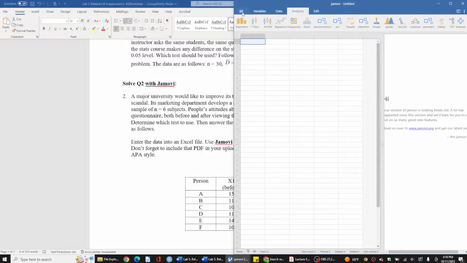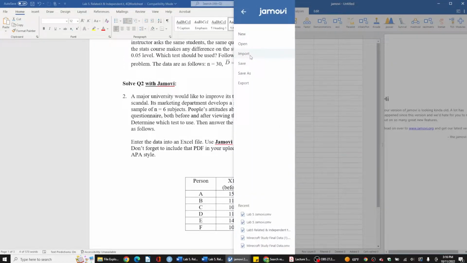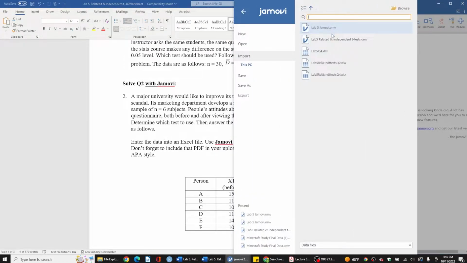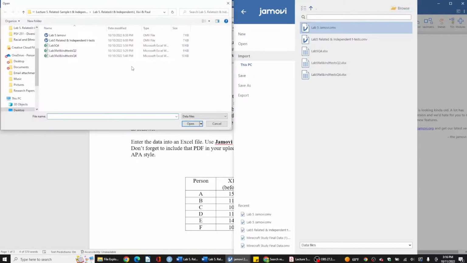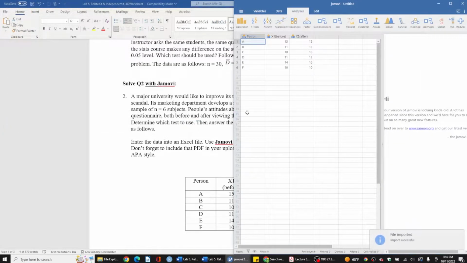I already have my data in an Excel spreadsheet, so you can enter it straight into Jamovi. You can't talk and do things at the same time, apparently. You can type this directly into Jamovi. You can use an Excel spreadsheet, however you prefer.